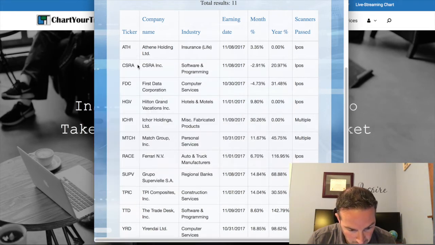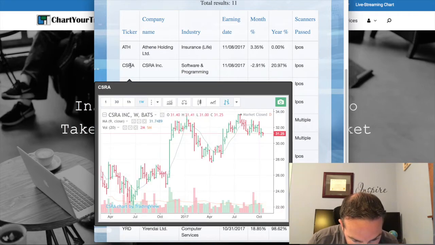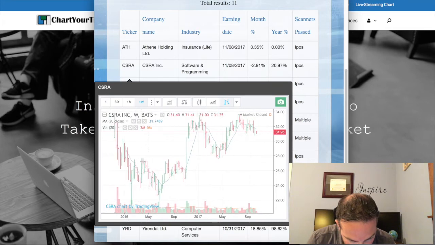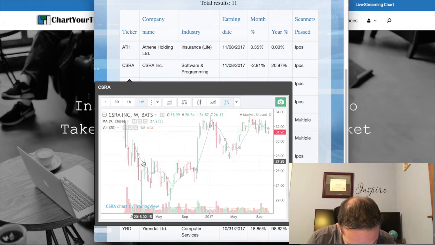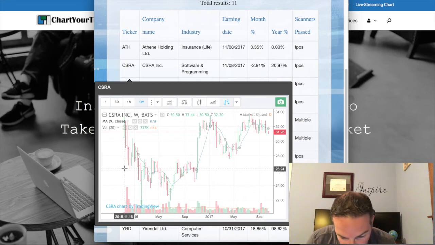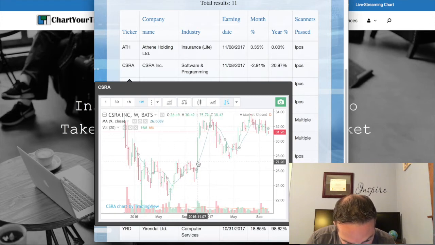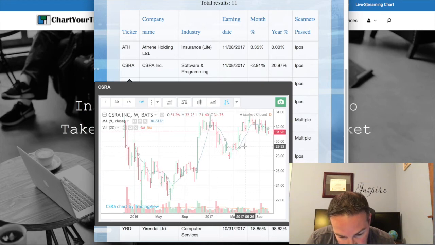The next one up is CSRA Inc. They IPO'd back in November of 2015. Had a bit of a run, and then it consolidated, and now it looks like it's consolidating again.